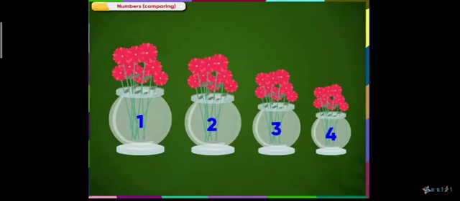That means first we can see the biggest flower pot, and in the last we can see the smallest flower pot. So, we have arranged these flower pots in decreasing or descending order. So, what does descending order mean? Descending order means arranging anything from biggest to smallest. Got it, everyone?